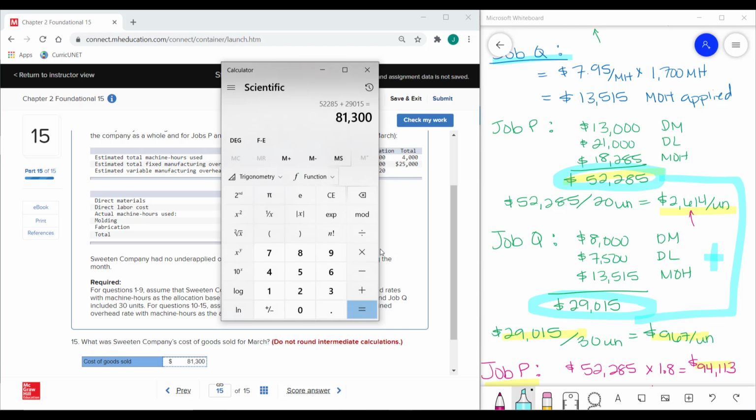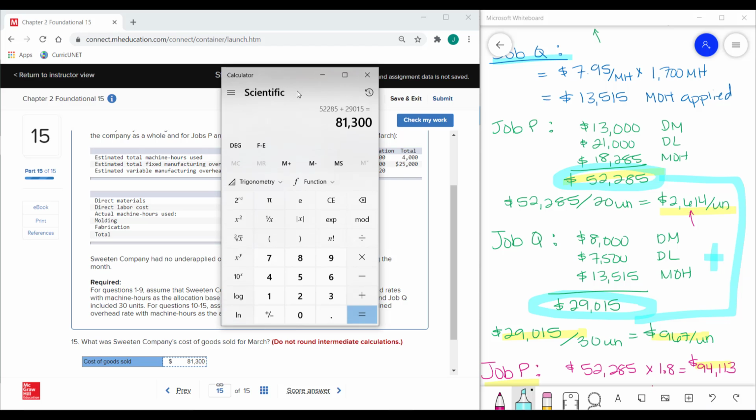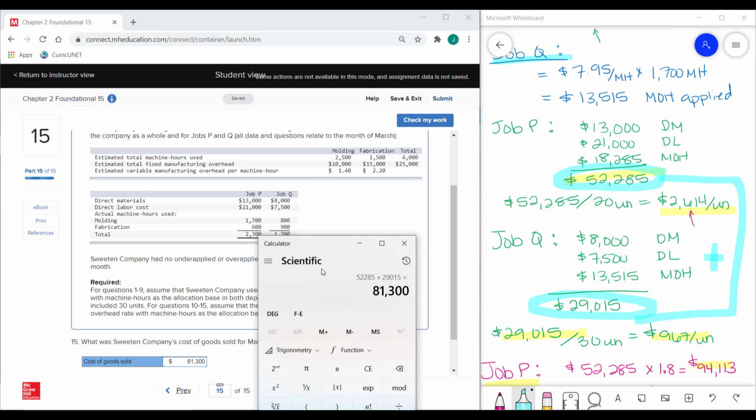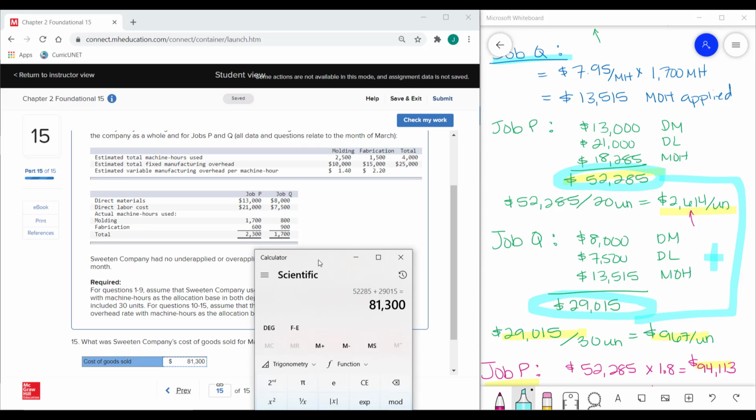Now, doesn't that seem like the answer we had for number 9 when we found the cost of goods sold when using the departmental overhead rates? Yes, it is. And how can that be? Well, remember, regardless of whether we use departmental overhead rates or plant-wide overhead rates, the costs incurred and the estimated cost incurred for the company as a whole didn't change.